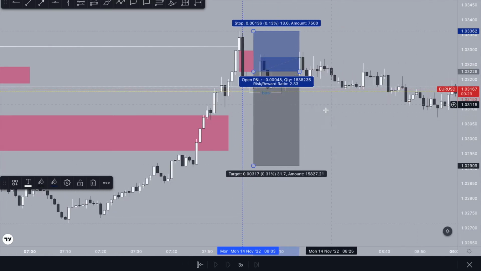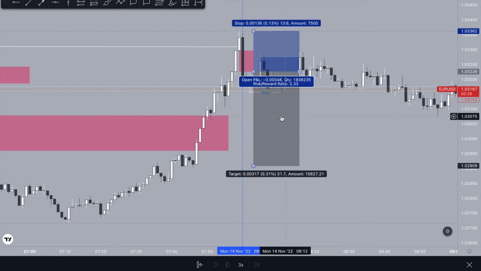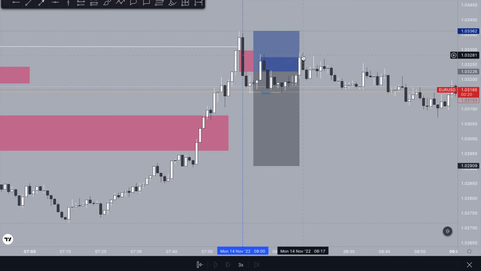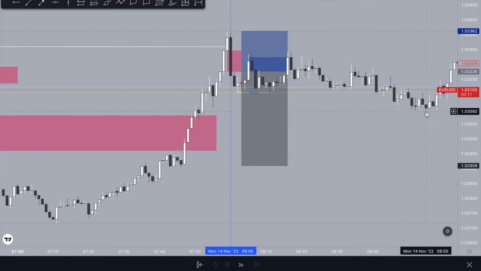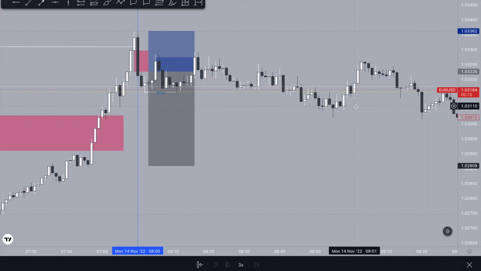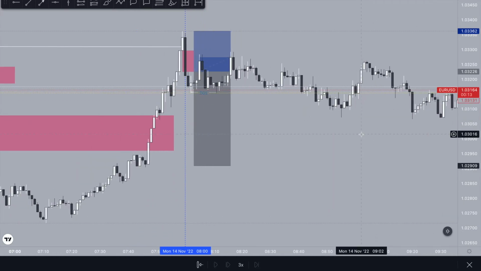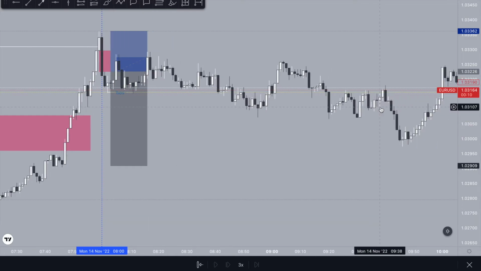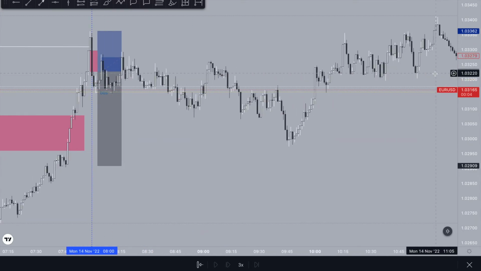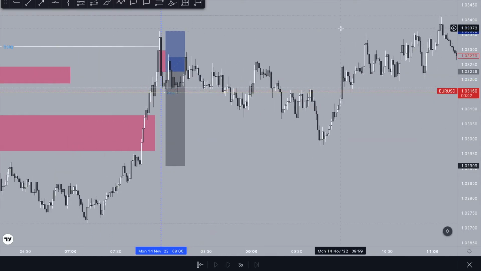As you can see, price hit our entry level and then bounced back to the downside, then up again, and then continued moving to the downside. So I was actually on a positive note, and then it moved up to this point under this level, then moved to the upside and eventually hit my stop loss. So this ended up as a losing trade.